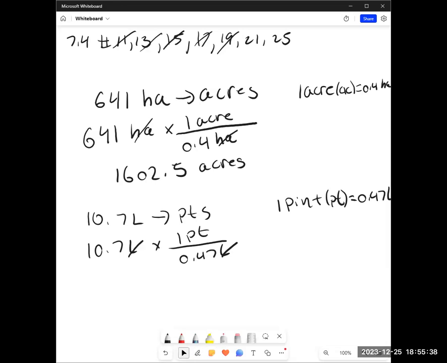Liters will cancel. Again, dividing by a number smaller than 1, I expect this to get bigger. 10.7 divided by 0.47 gives me about 22.77 pints.